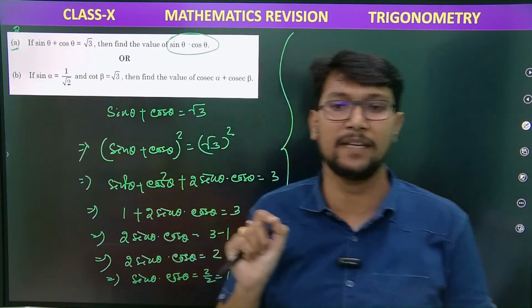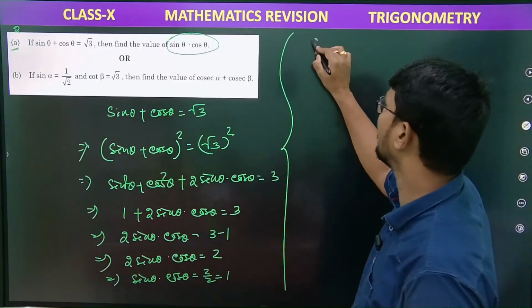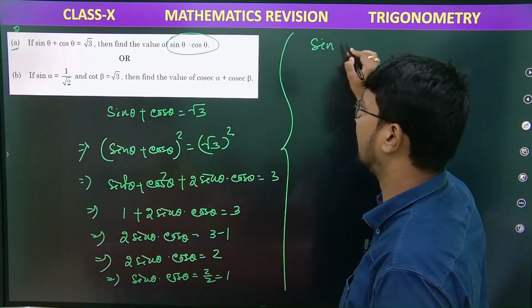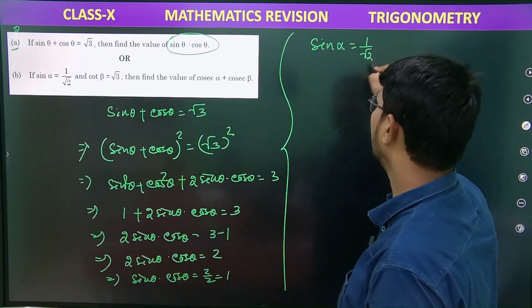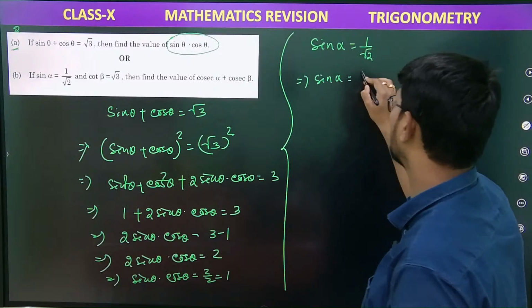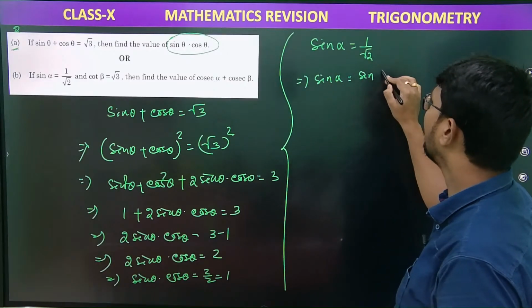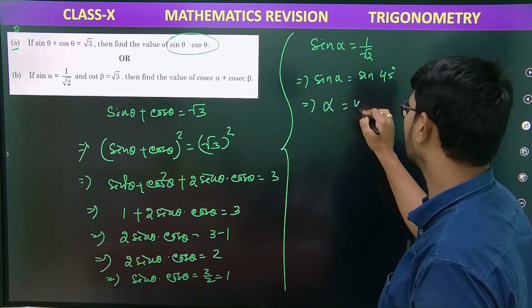Which value of sine? Very good. So given a question like this, look here, I'll write sin alpha equals 1 by root 2, given. You'll write this implies sin alpha equals sin 45. Therefore, alpha equals 45.